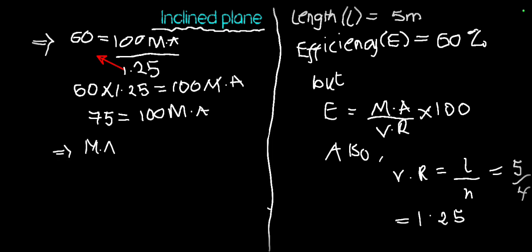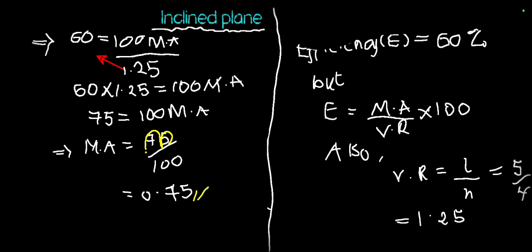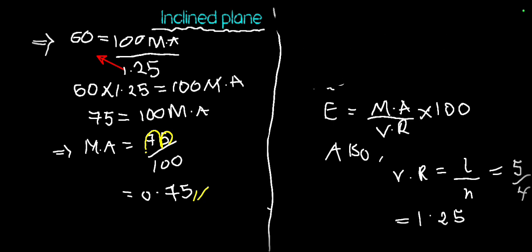Dividing by 100, we get 75 over 100. So we shift the point 2 times, getting 0.75. Note that I'm not putting a unit there because mechanical advantage has no unit. The meters cancel out.